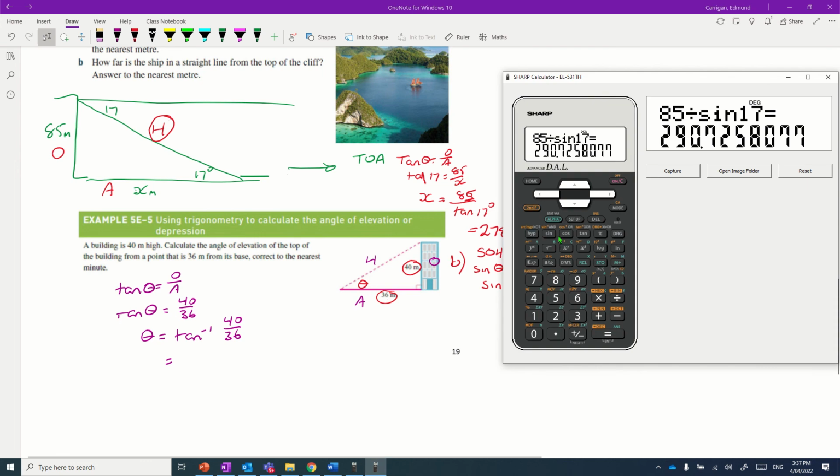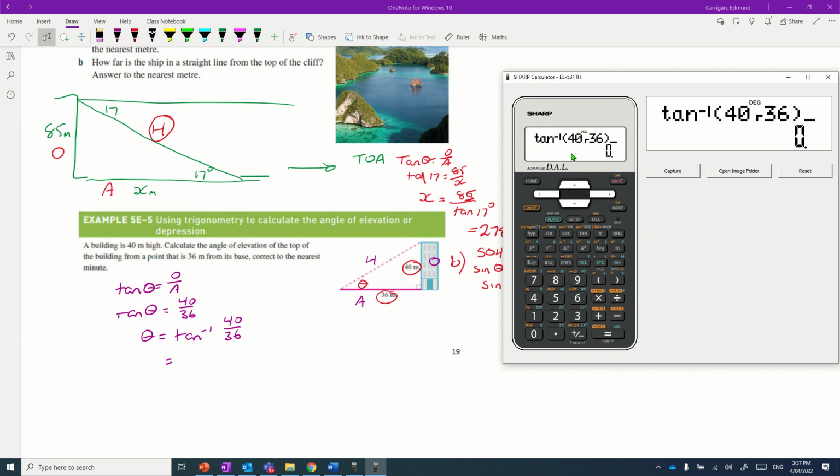Let's go with second function, tan, 40 on 36. So I'm going to use my brackets, 40, and I'll use my fractions on 36. I'm going to close my bracket so I know that's right. I know my calculator is not going to do anything silly to me. And my angle is 48 degrees.